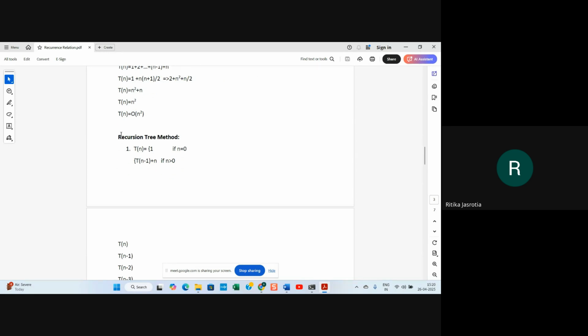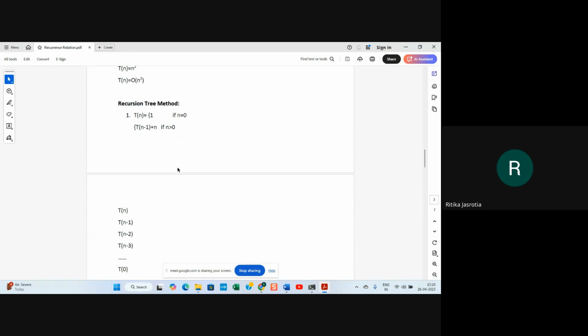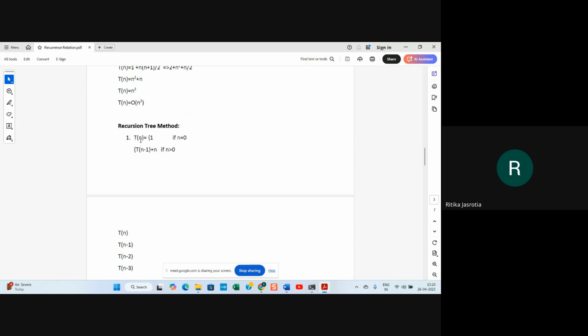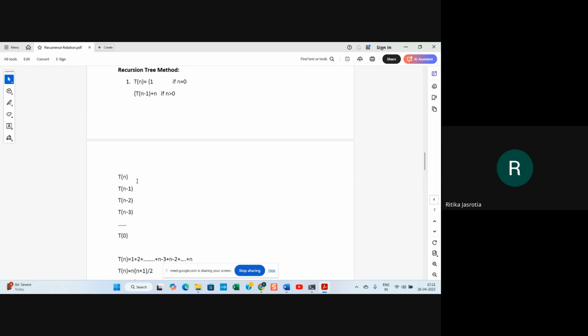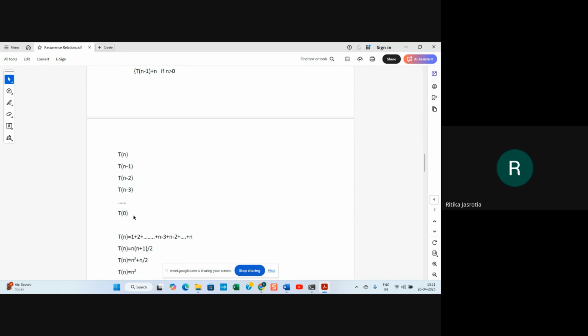You also have the recursion tree method. Another method is there. So in the recursion tree method, Tn is 1 if n is 0, and Tn minus 1 plus n if n is greater than 0. First you take Tn, then Tn minus 1, then Tn minus 2, then Tn minus 3, up to T0, they are talking about time.